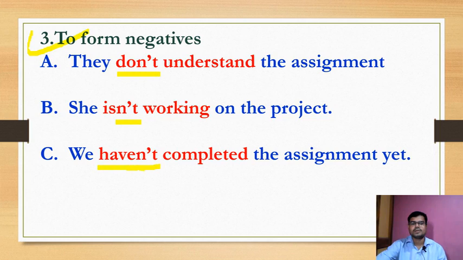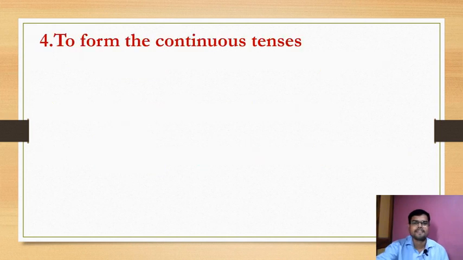So here they have made a negative statement by using "not," and they have used the auxiliary verb "have." Correct? Very good. Now let's check the fourth use of the auxiliary verb. I hope you are getting it. Yes, very nice. Now the next one is to form the continuous tenses.